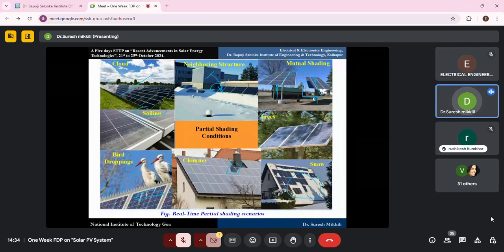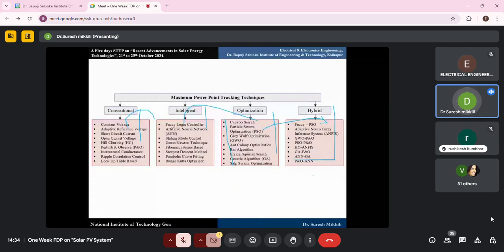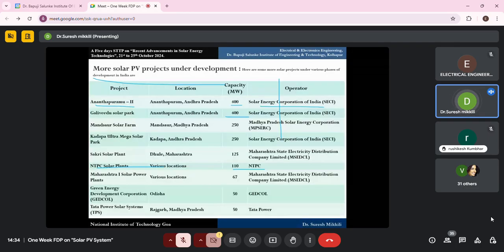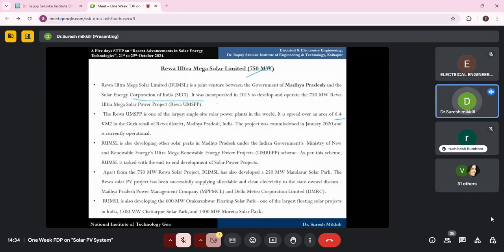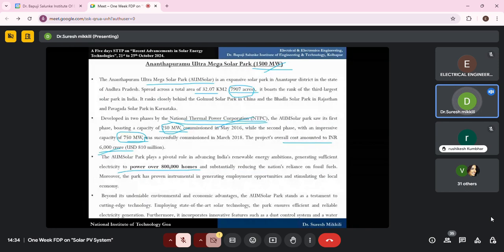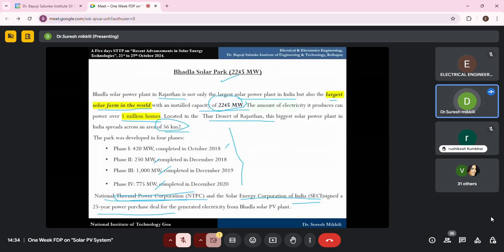Even previously, when you observe, all the solar parks are located in the deserts. They are spread over 10 square kilometers, or in terms of thousands of acres. Where is it? It is in the deserts. Try to see, Bhadla is in the Thar desert.